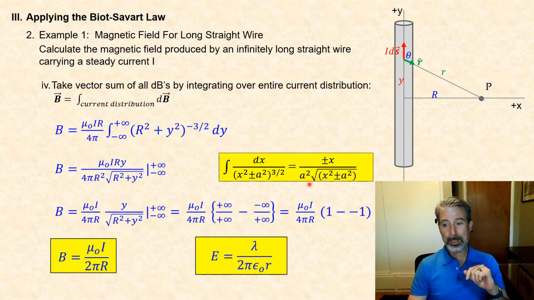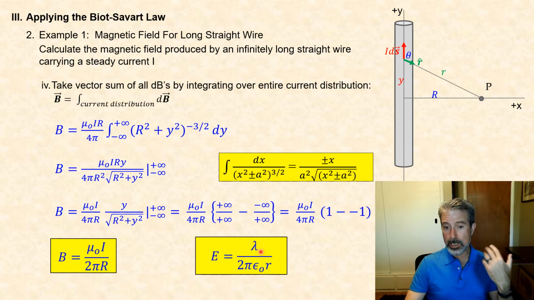So look at the similarities here. First of all, you will notice that the electric field was directly proportional to the charge density, lambda, for that right circular cylinder of charge, in the same way that the magnetic field is directly proportional to the current in the right circular cylindrical wire.